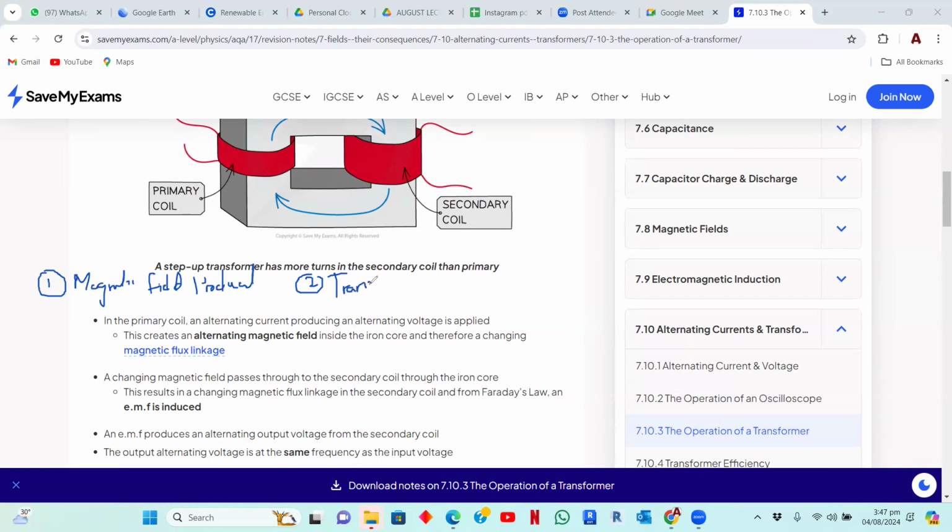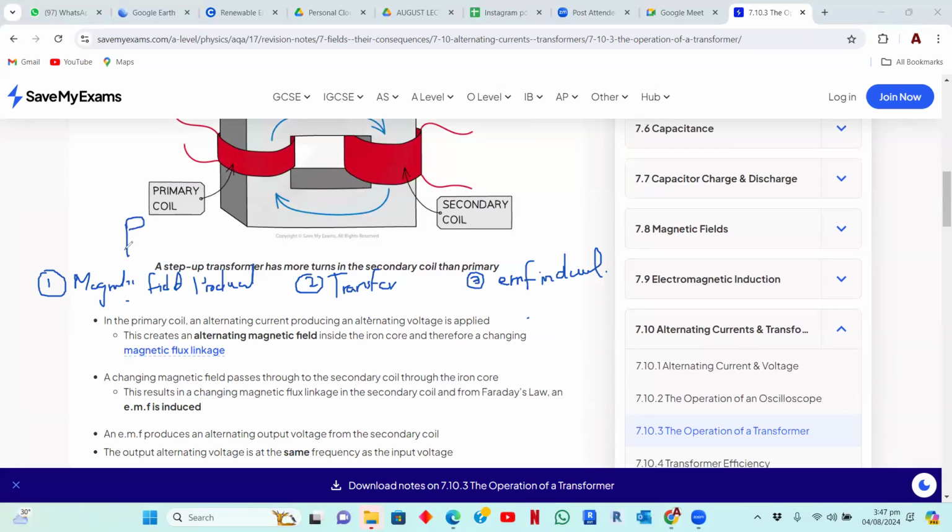Now the iron core comes into play and the field gets transferred to the secondary coil. And at the secondary coil, flux linkage changes, and electromagnetic induction happens. EMF is induced. So why is the EMF induced? You know the process, because of the changing flux linkage. So these are three major steps.